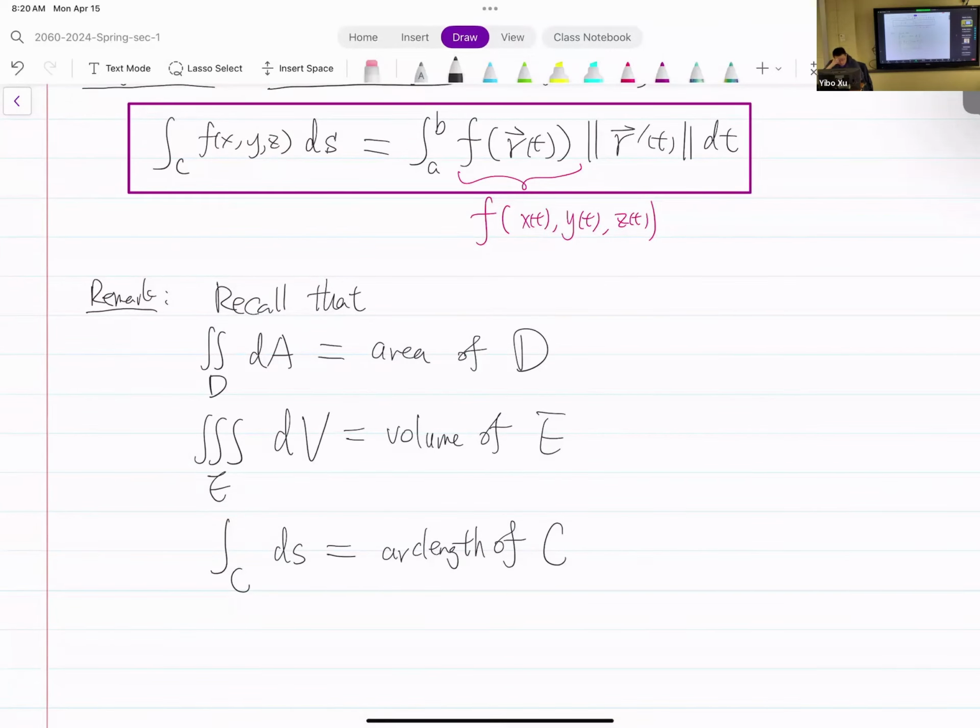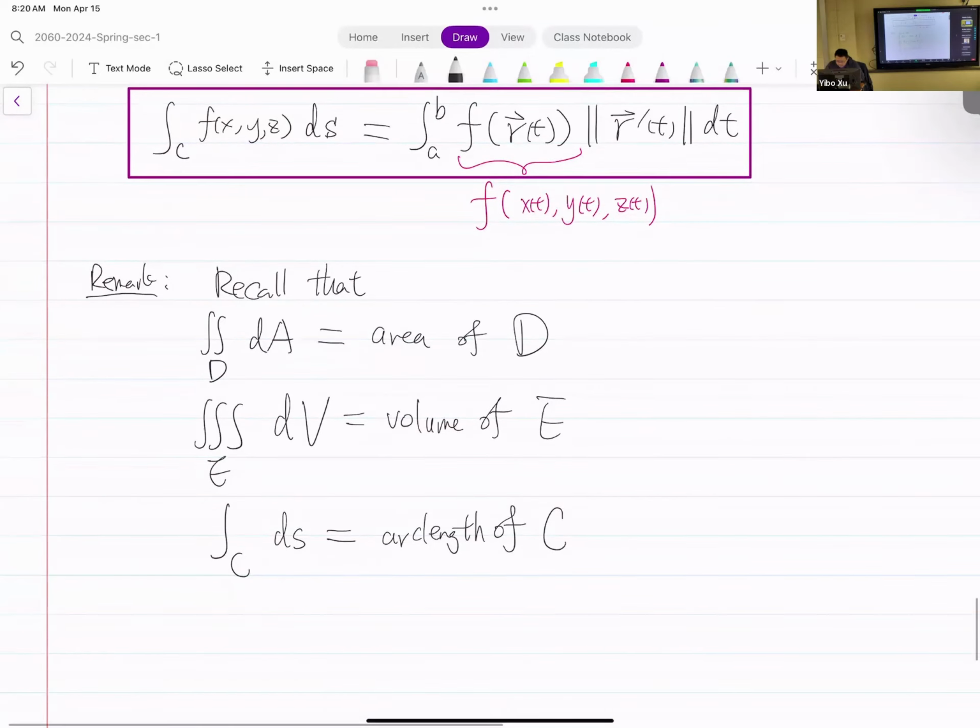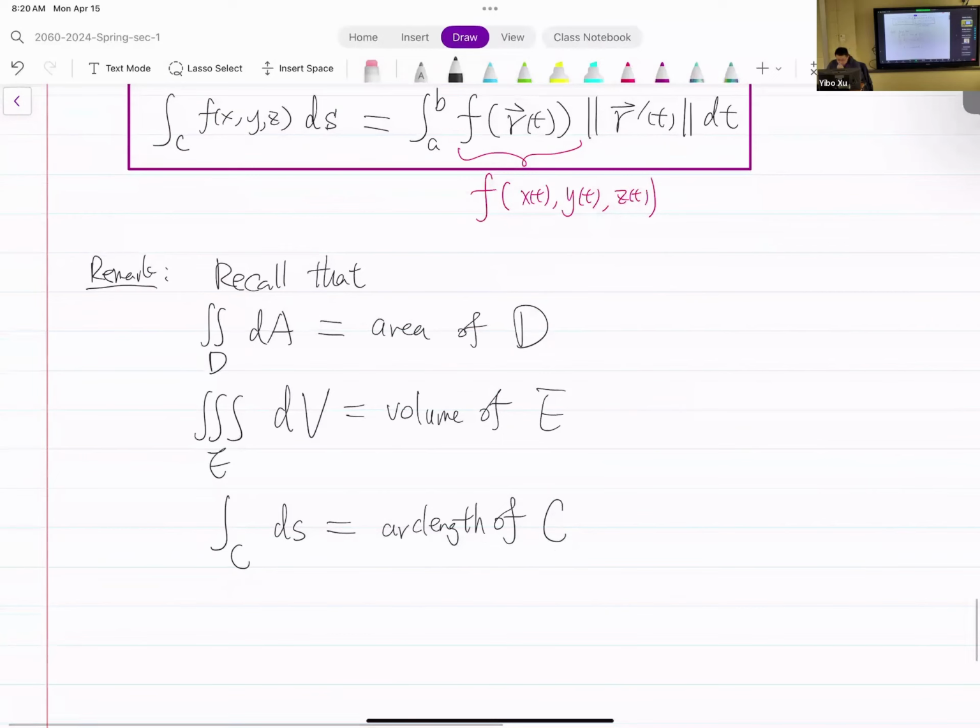All right, so now we have defined this line integral for a general scalar function along the curve. Let's look at an example of calculation. Let's say we are integrating along the curve of 2x ds.